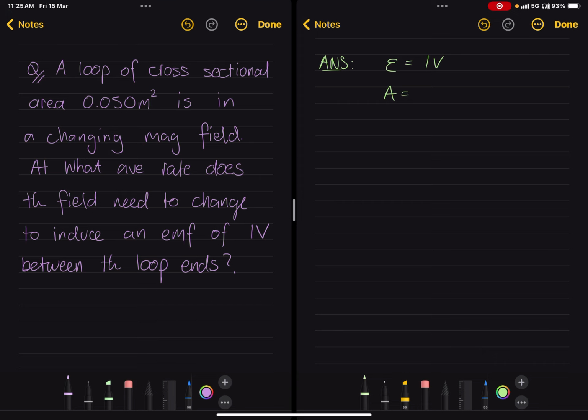So area is 5 times 10 to the minus 2, and this is in meters squared.